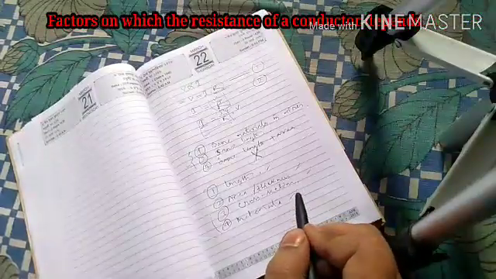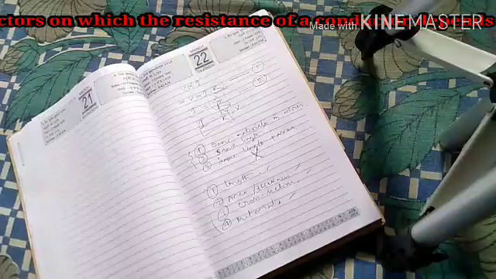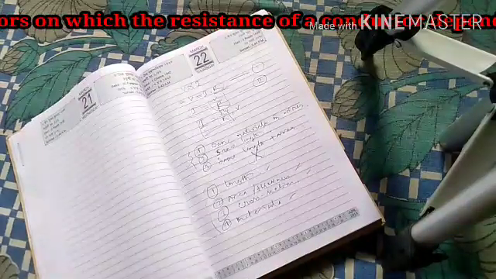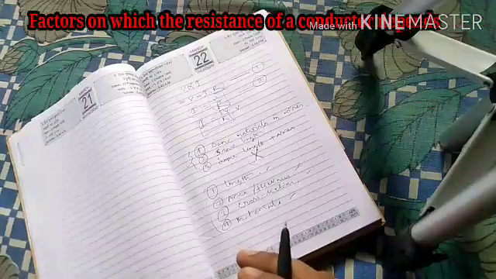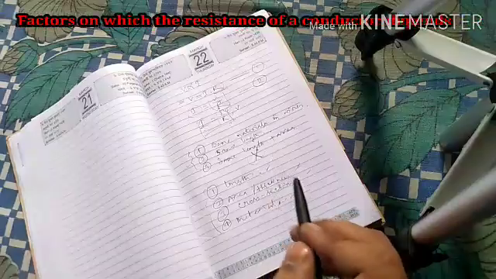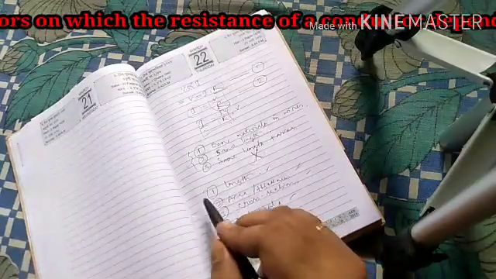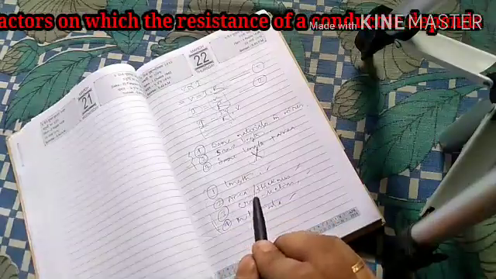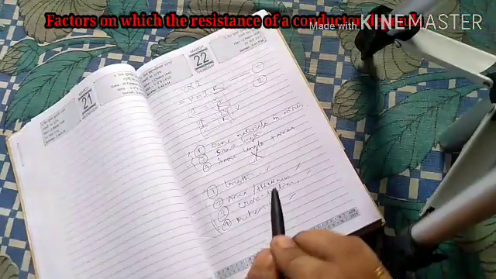And number 4, materials. The materials should be the same. If the materials of the wires are different, then the resistance reading is supposed to be different. So these are the easy factors through which the resistance in a circuit changes.